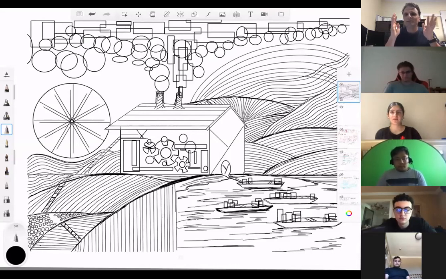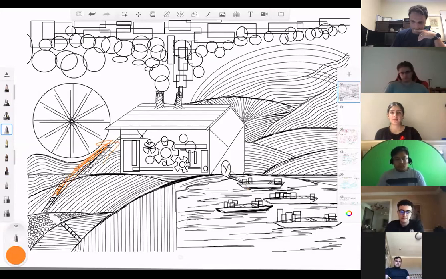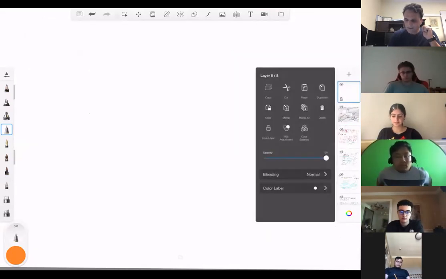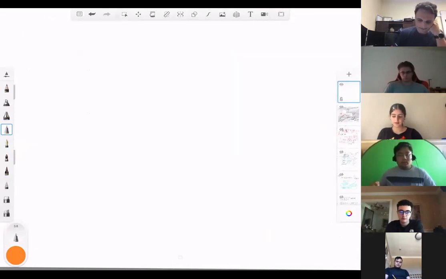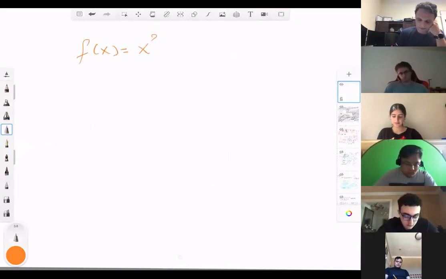Anytime you see a function, you should remember this drawing. It is a factory that gets input and gives output. So this is an input, correct, and these are outputs. I will put the PDF online if you want to color it. So now I give you a function, f of x equals x squared.